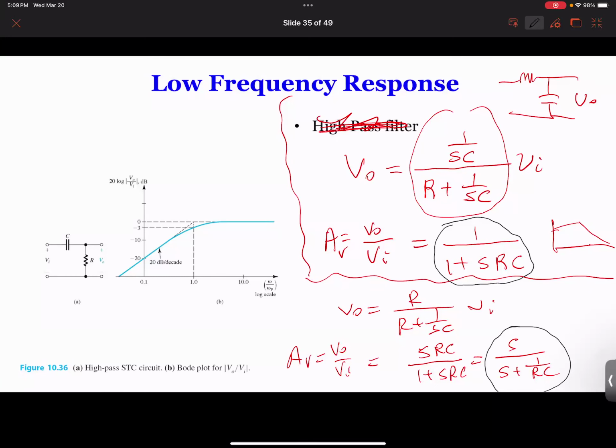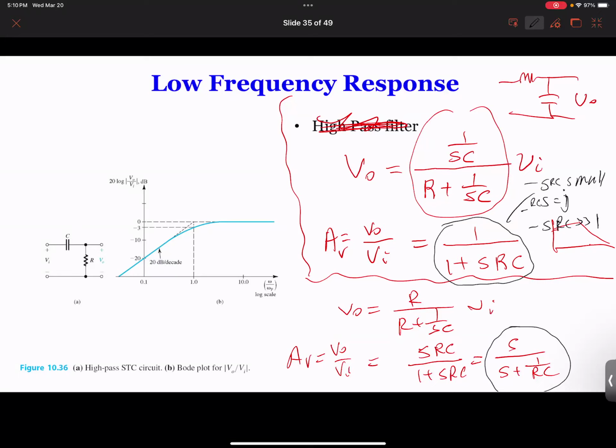So you got 3 things. When S is small, or when S is equal to 1, or in this case it will be j, that's your 3 dB, or once SRC is much larger than 1. So you have 3 possibilities.